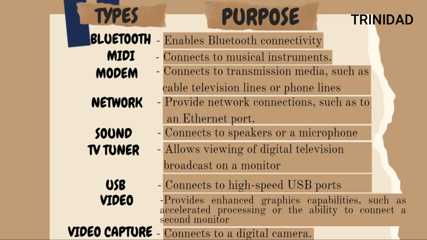Nag-e-exchange siya ng files or nag-aallow siya ng electronic communication. Yung computer sa isang network is pwedeng mag-link together through cables, telephone lines, radio waves, satellites, or infrared light beams.